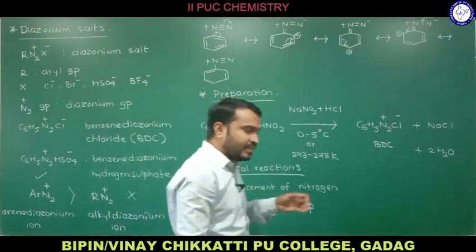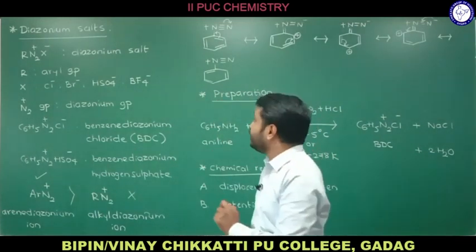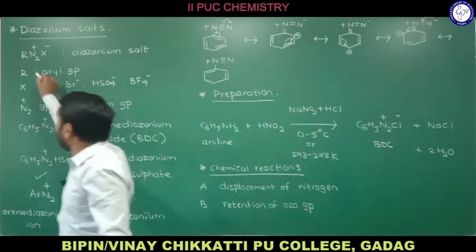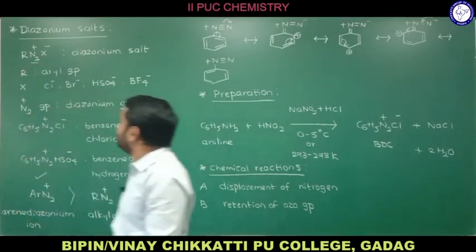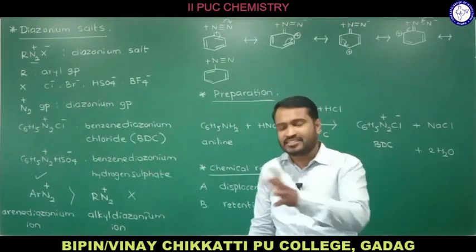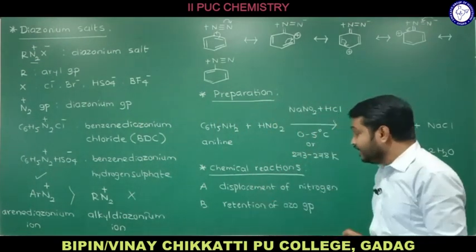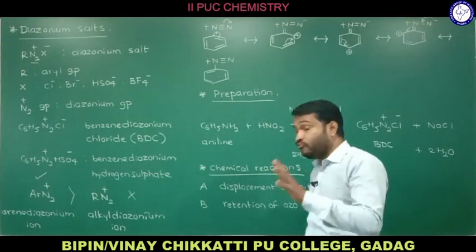The one is the reactions involving displacement of nitrogen. Anyhow we know we have a nitrogen in a diazonium salt that can be displaced by certain ions. Such kind of reactions we are going to discuss under this heading. Second one is the retention of Azo group.